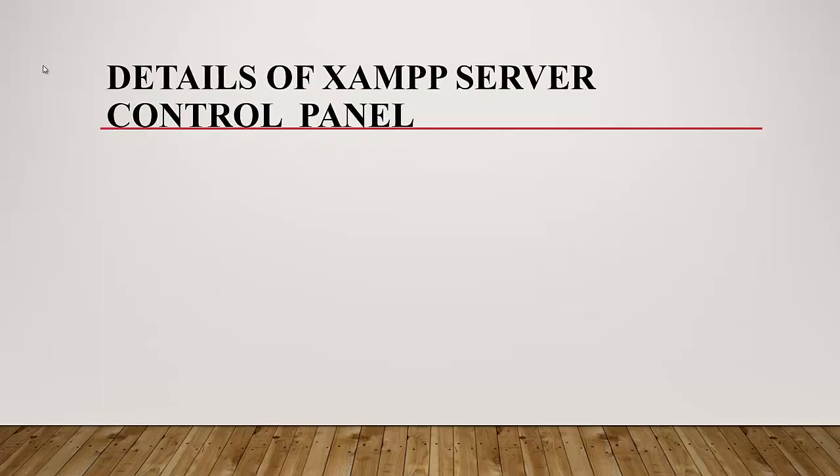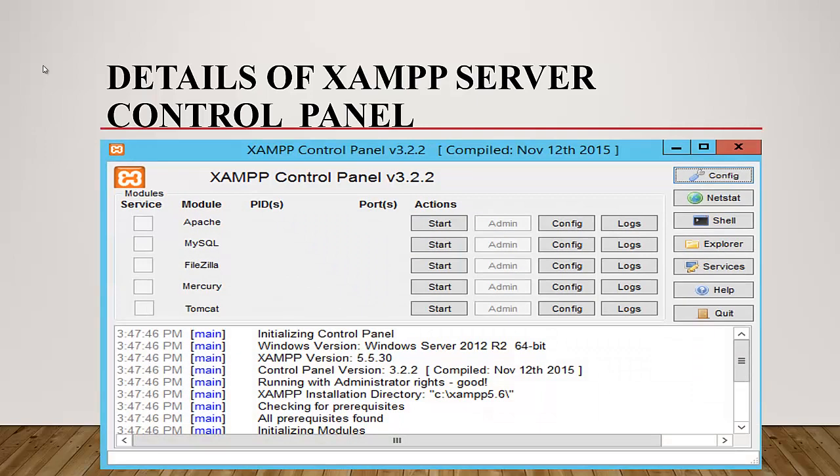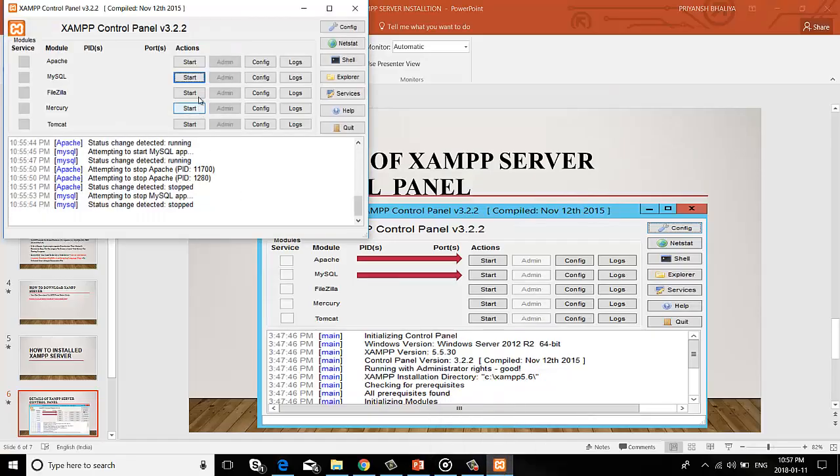Then after, I will explain the details of the XAMPP server control panel. In the XAMPP server control panel, to start the Apache web server and MySQL database services, click on start under action for the Apache and MySQL modules. Here you can see all the configuration files for the Apache web server and MySQL database.